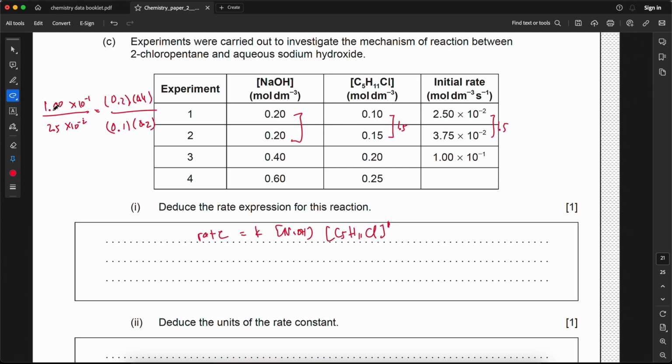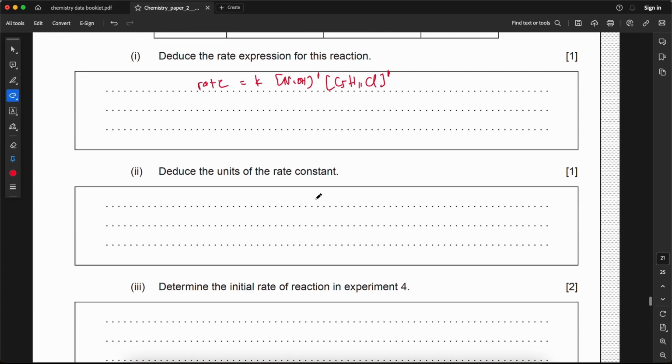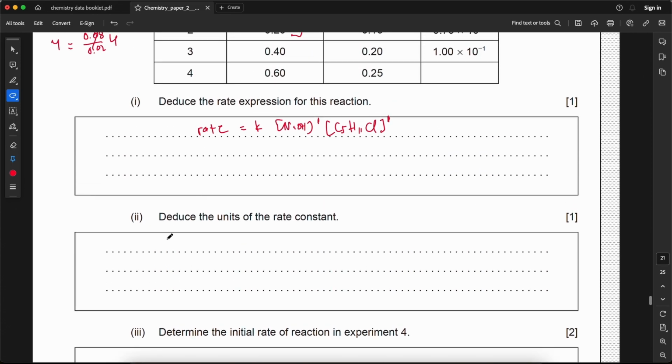This would be 10^-1 times 10^1, 0.4 divided by 0.1, that would be 4. This one, 0.08 divided by 0.02, is also 4. So the order is also 1. Deduce the units of the rate constant. Okay, so for the rate constant, because the overall order of reaction is 2, so that will be double.